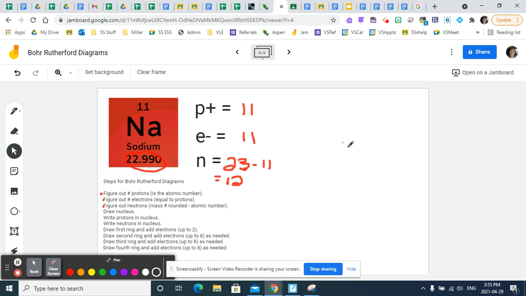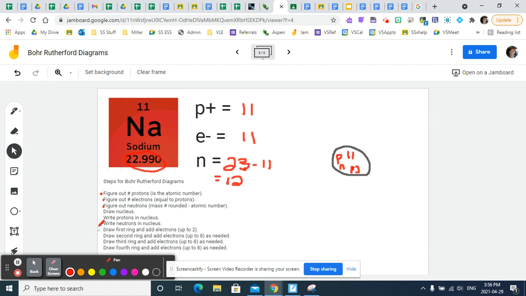My next step, you guessed it, I need to draw a nucleus. In my nucleus, I put the protons of 11, neutrons of 12. Okay, it's not so great, but I think it'll be okay.